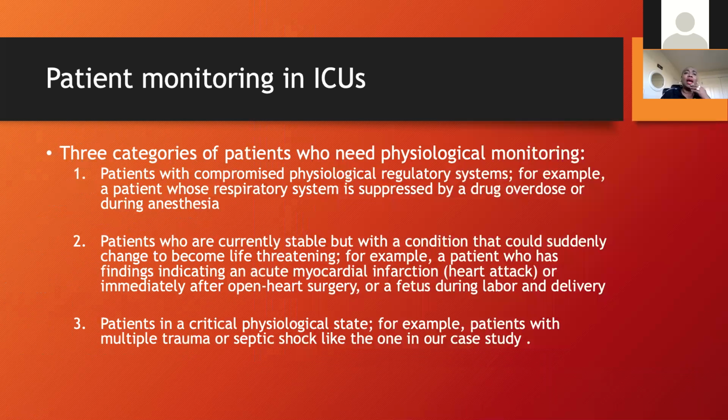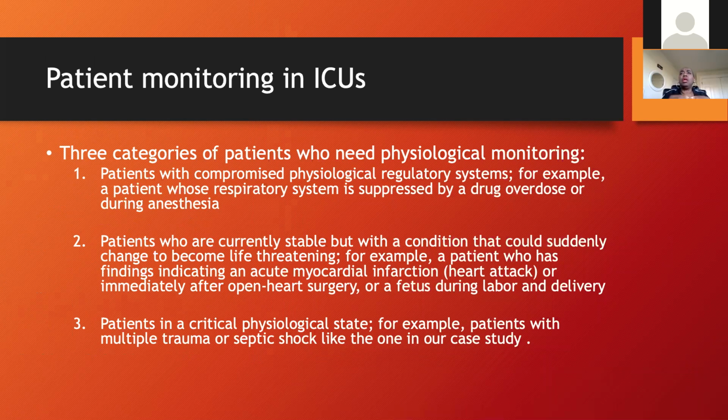And in the ICU and the inpatient world, ICU is a perfect example. It gives examples here of categories of patients who need this continuous monitoring. Number one, patients with compromised physiological regulatory systems.